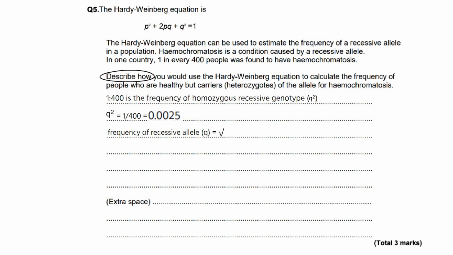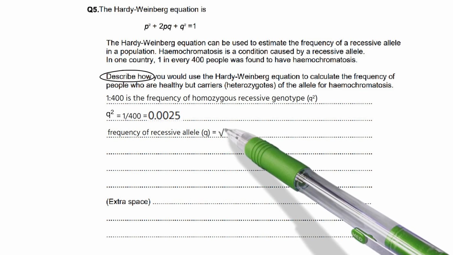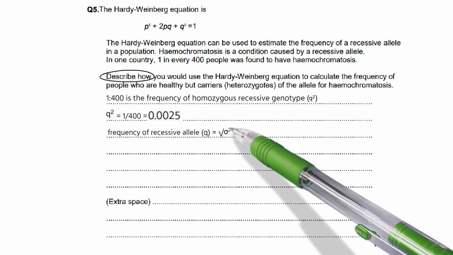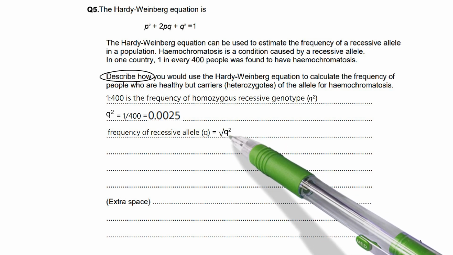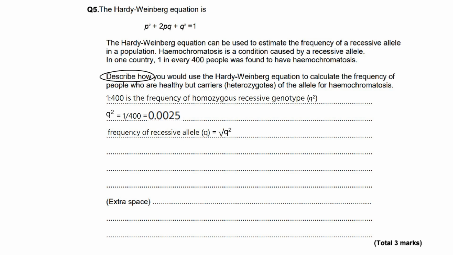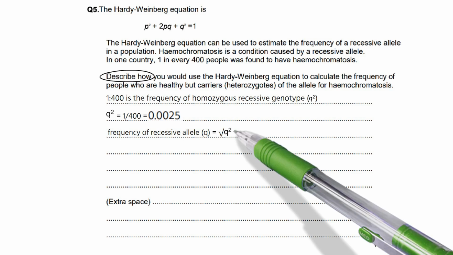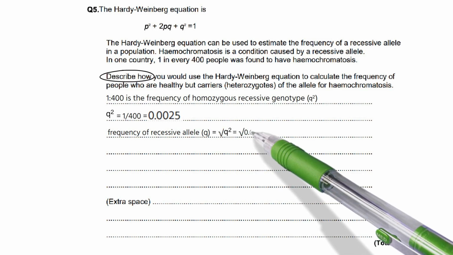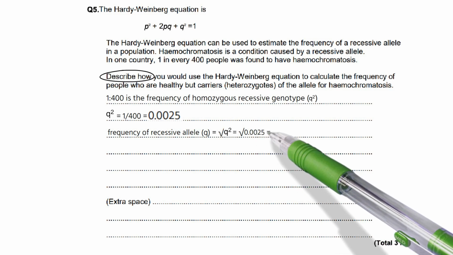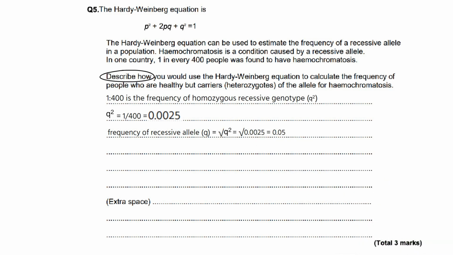When we do that, we get 0.05 as the frequency of the recessive allele. Because we now have q, the recessive allele, we can put that into p plus q equals 1, rearrange it, and get our dominant allele frequency in the population, which is 0.95.